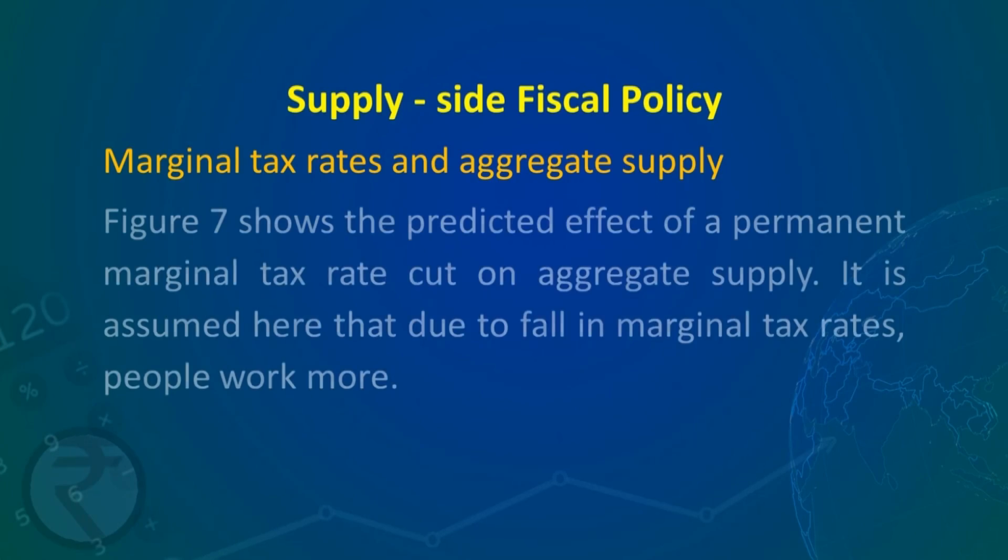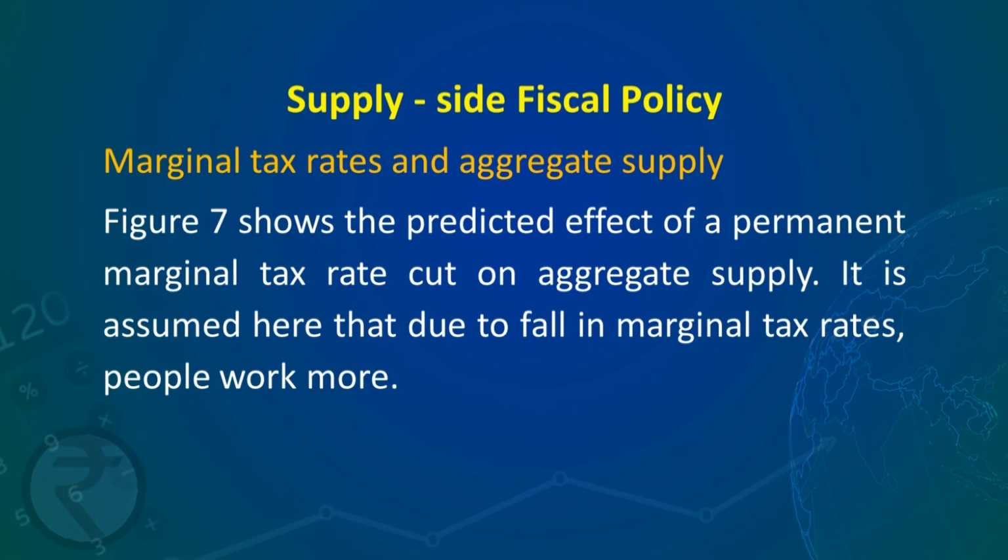So, marginal tax rates affect the aggregate supply curve. Figure 7 shows the predicted effect of a permanent marginal tax rate cut on aggregate supply. It is assumed here that due to the fall in marginal tax rates, people work more.